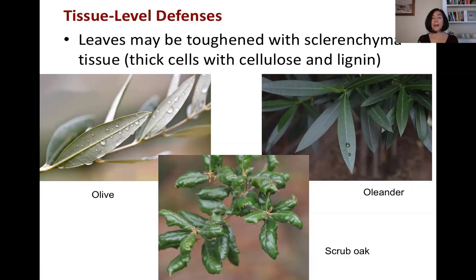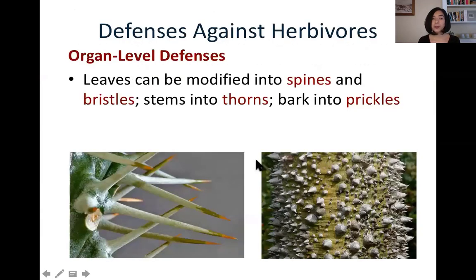Examples of that are the olive tree, which has thick leaves, and oaks, a scrub oak is one example. Not all oaks have these really thick leaves, but some of them do. The oleander also has very thick leaves.